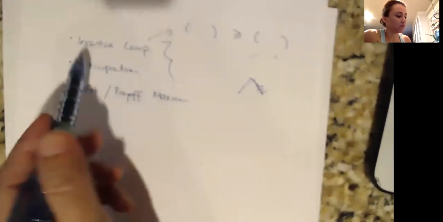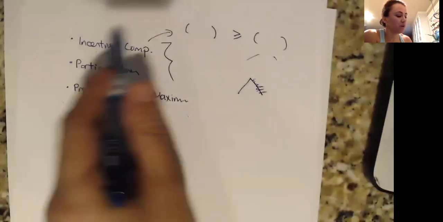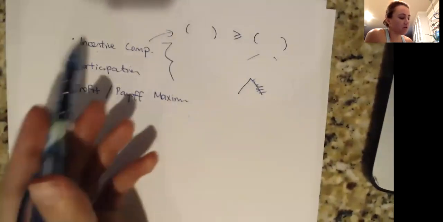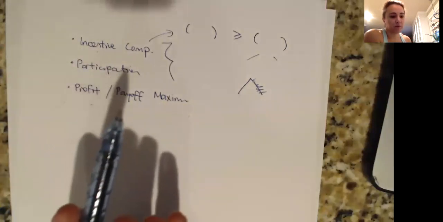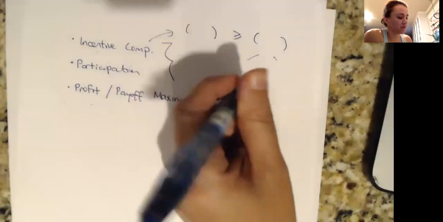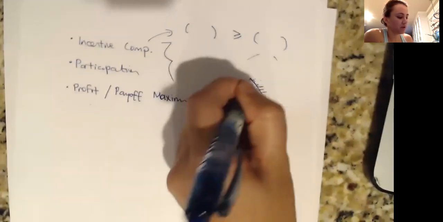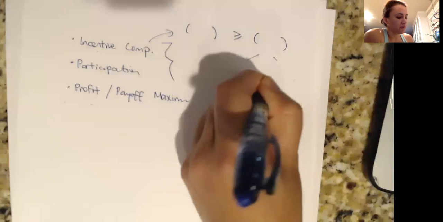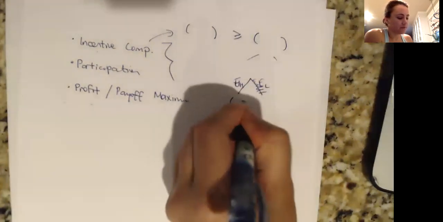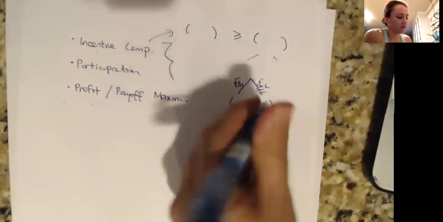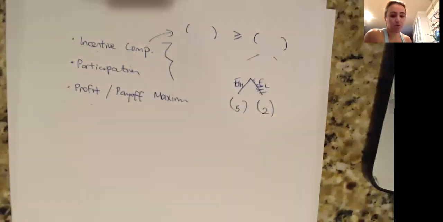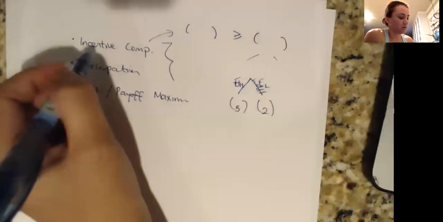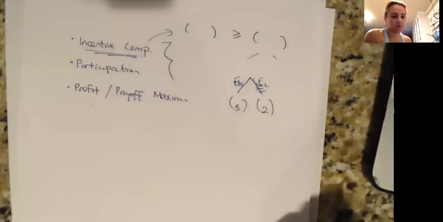So when you check these three constraints without drawing the extensive form game, you are actually working on an extensive form game. Because for incentive compatibility, if this is, say, high type, high effort, low effort, then you are checking the effort of the person, and you are eliminating based on these incentive compatibility constraints.